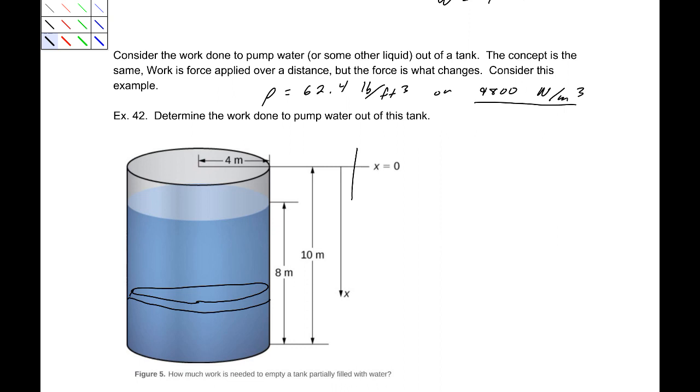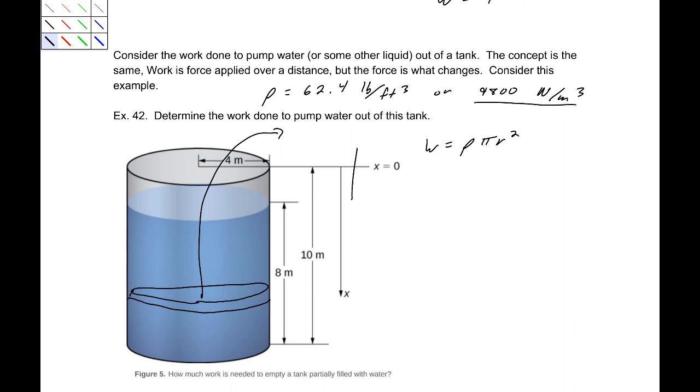All right, so my work is going to be the force, which in this case is actually the weight of the water. So it is rho pi r squared. Think about that. We're trying to push this water out, so the weight of the water is what we have to push to get it out.